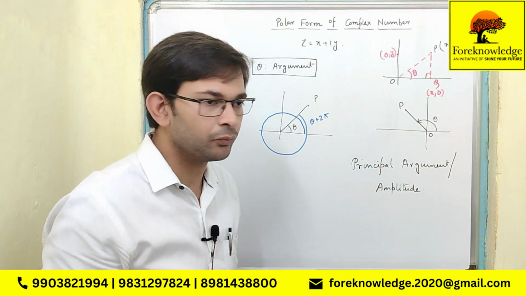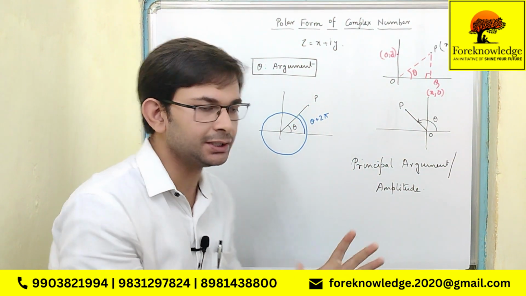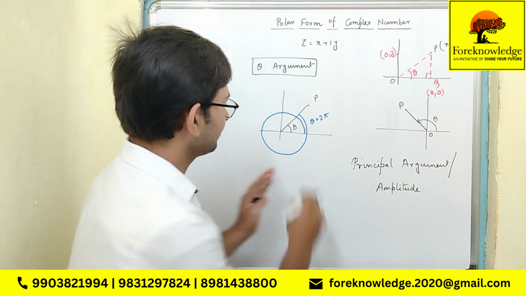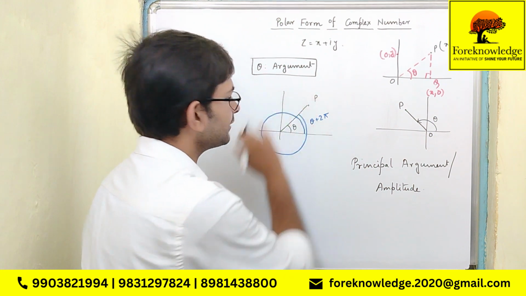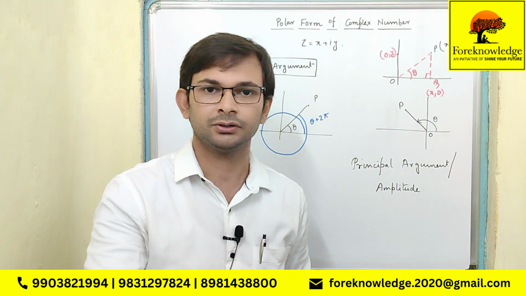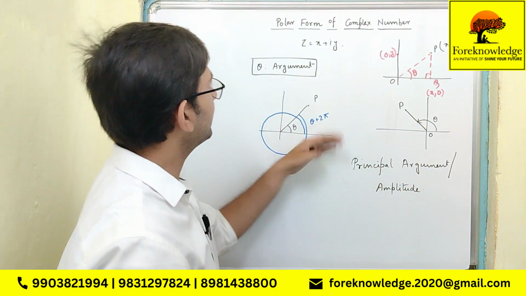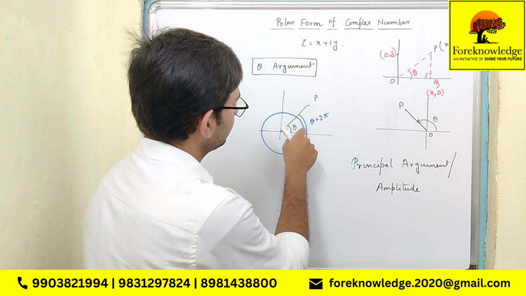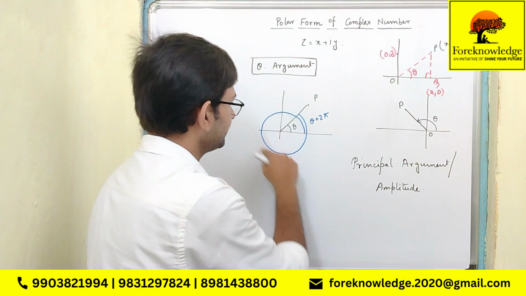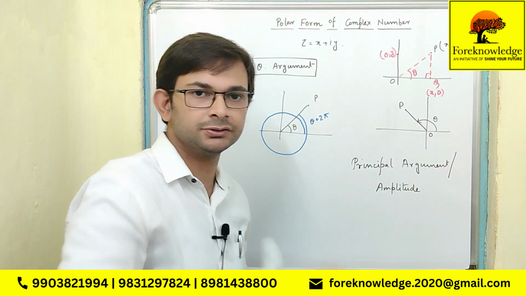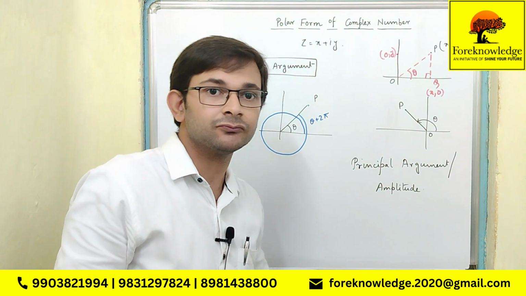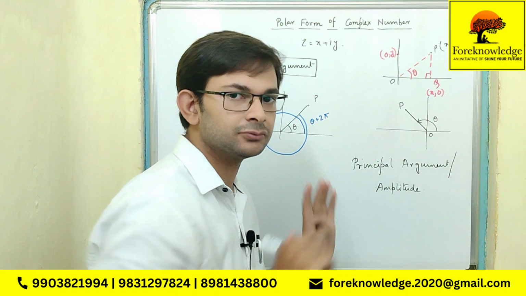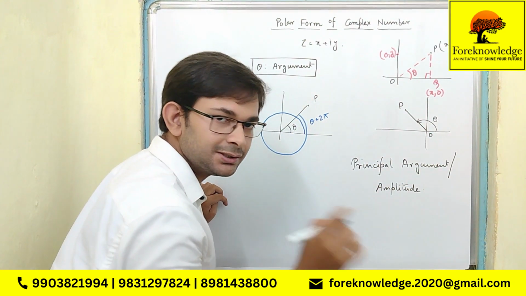It means we are restricting the value of theta to some extent, so that we cannot keep on increasing the value of the argument like theta first, then theta plus 2 pi, then theta plus 4 pi, two revolutions. We want to stop that. For that, we are restricting the value of theta to some extent. What is the restriction?